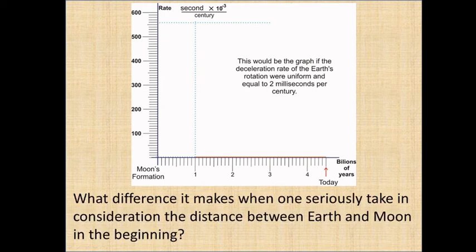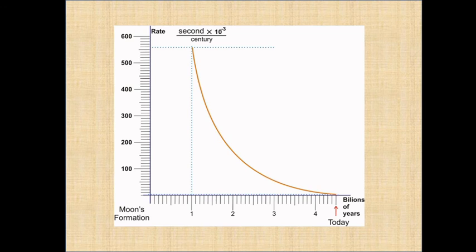What difference does it make when one seriously takes into consideration the distance between Earth and Moon in the beginning? Let's put on the table what we've talked about minutes ago. So this is the thing. Because Earth and Moon were very close compared to today, the gravitational force between them was very strong.